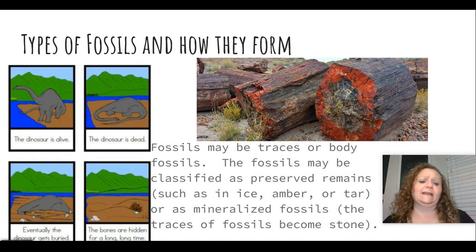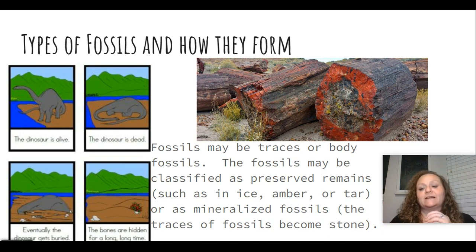Two ways that that can happen. The first way is probably the way that most of us think of, and this is the mold method. So this is where you have, for instance, what you see over on the left-hand side here, where the dinosaur dies and it gets buried in sediment and it starts to decay, but it leaves behind that hollow space where its bones were.